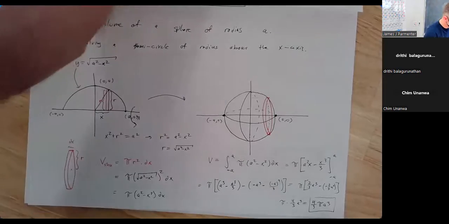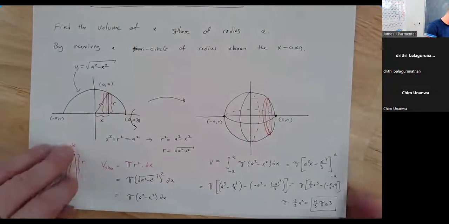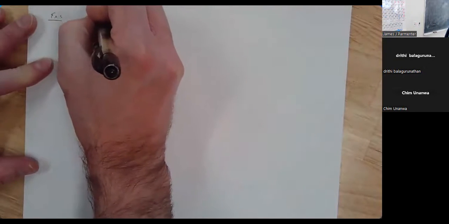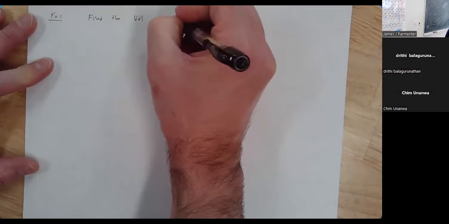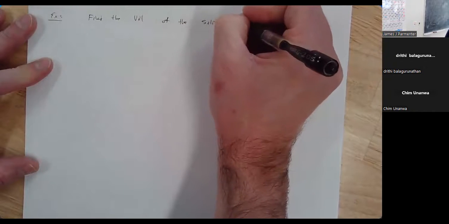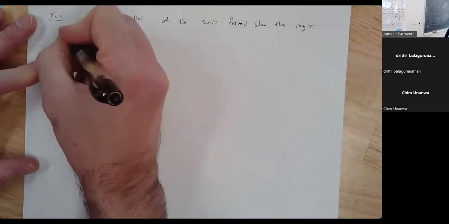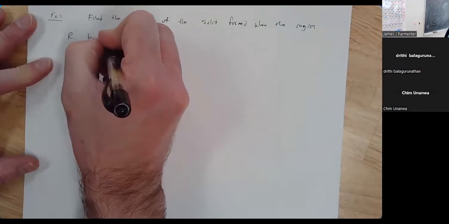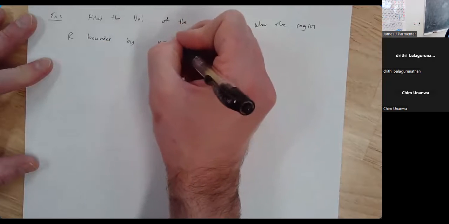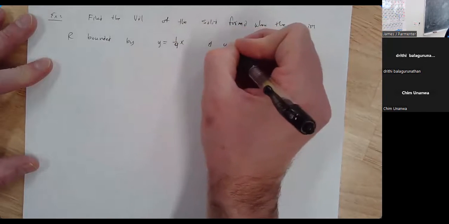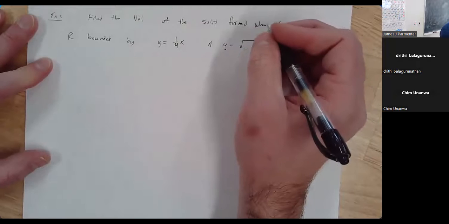Okay. So let's do another example. We should have enough time to do both of these. So let's find the volume of the solid formed when the region R, bounded by y equal to 1/4, y equal to 1/9 x, and y equal to the square root of... is that what I really want?